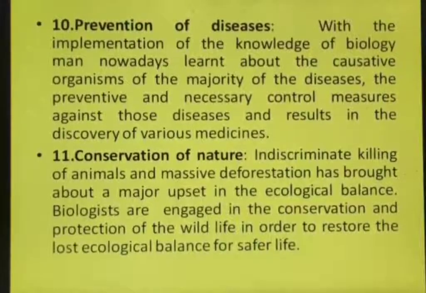As you know, both animals and plants maintain a delicate balance of the oxygen cycle. So biologists are engaged in the conservation and protection of wildlife in order to restore the lost ecological balance for a safer life.